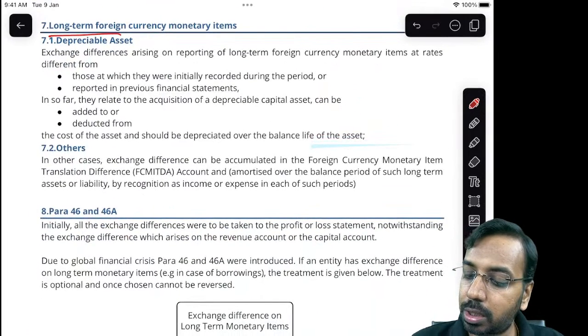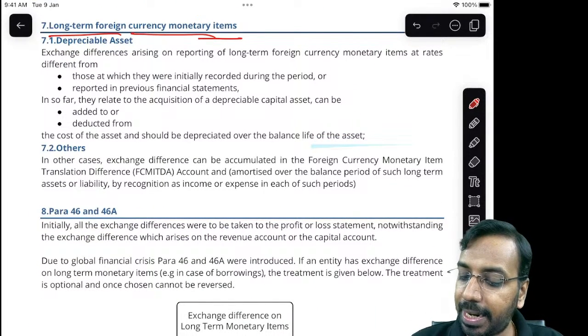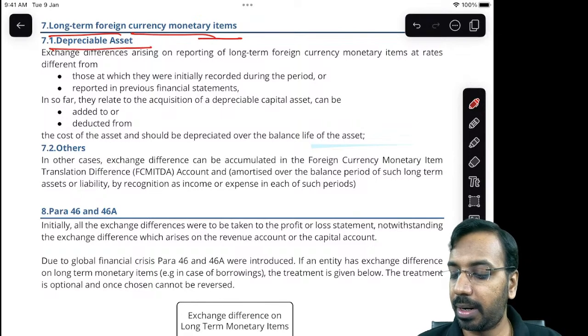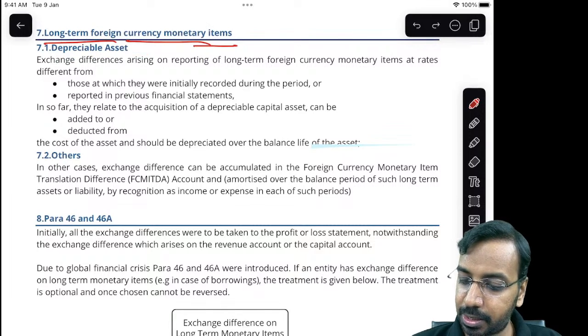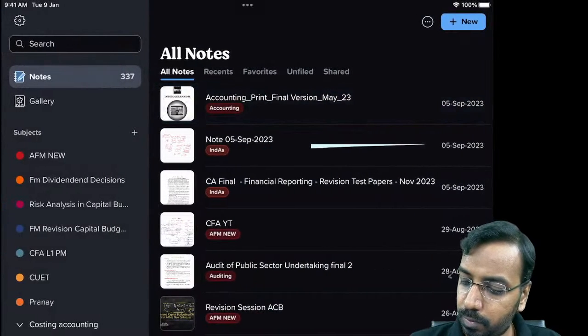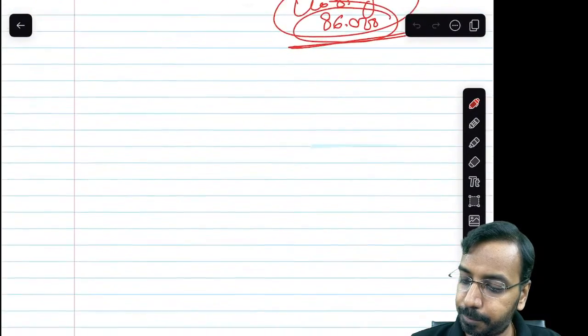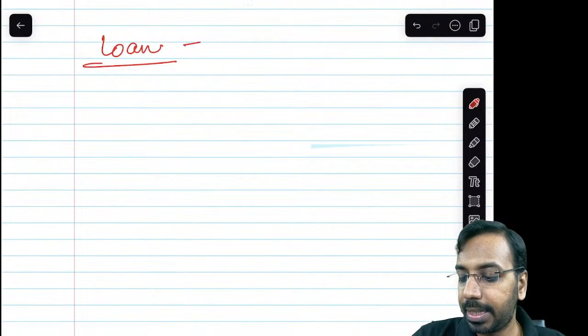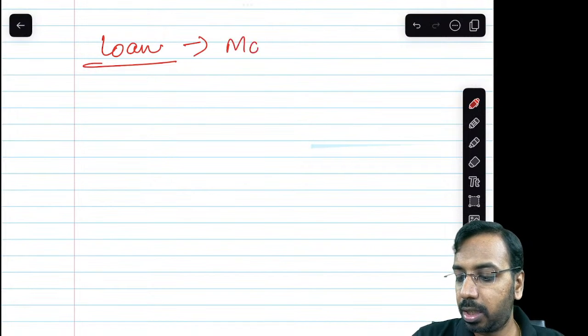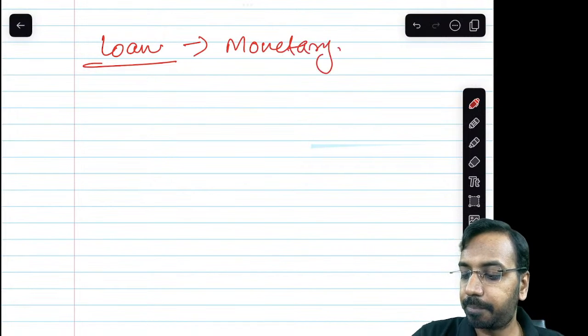Then, if there are long-term foreign currency monetary items in relation to a depreciable asset, what you have to understand here is, if I have taken a loan, is a loan monetary or non-monetary? Loan is a monetary item.